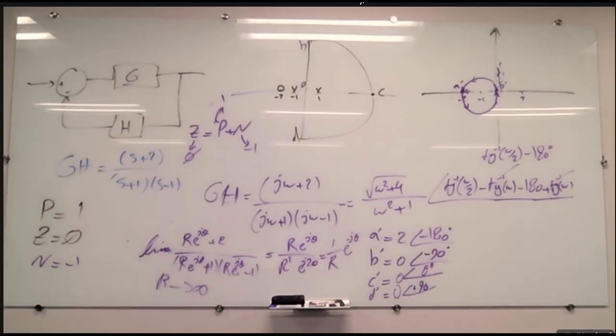That system is stable. Are we good? Is that clear what happened? How we draw the Nyquist graph and how we analyze the stability.